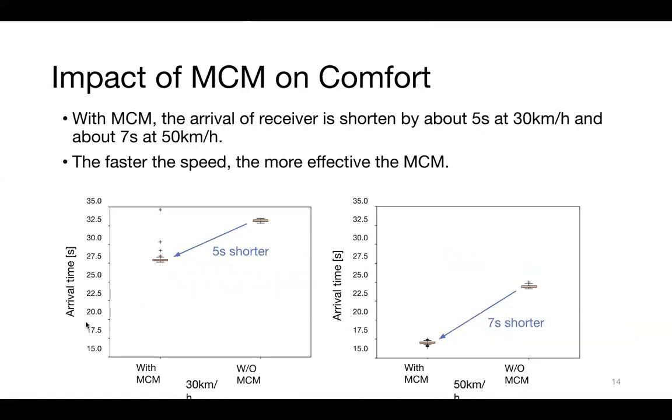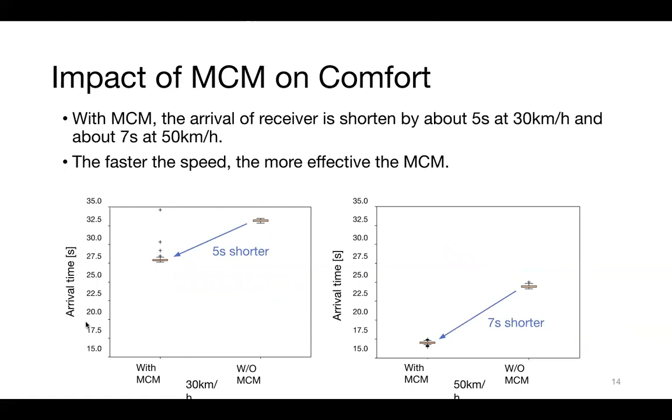Next, we investigated how much MCM impacts traffic. We measured the time it took for the receiver to arrive at the destination about 260 meters ahead when traveling at 30 km/h and when traveling at 50 km/h.